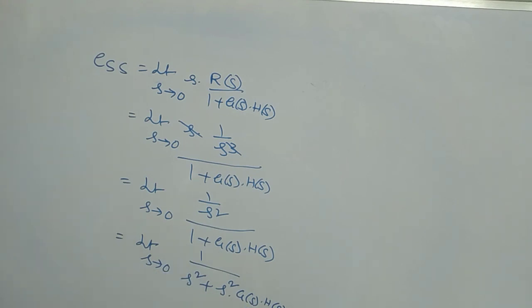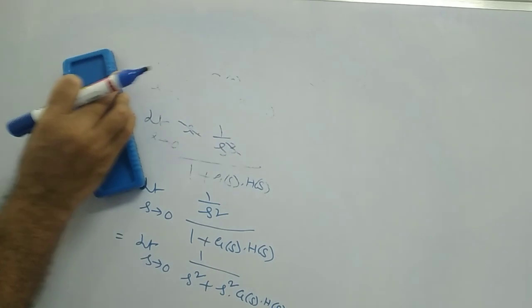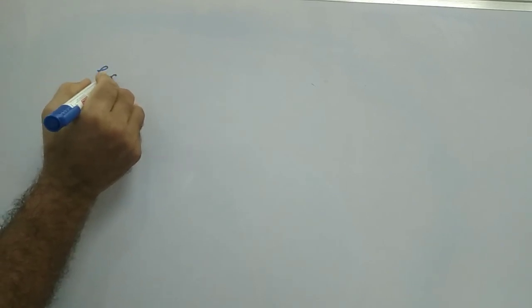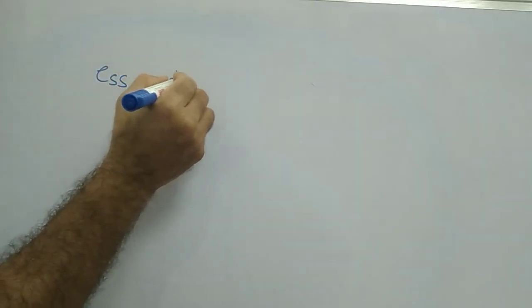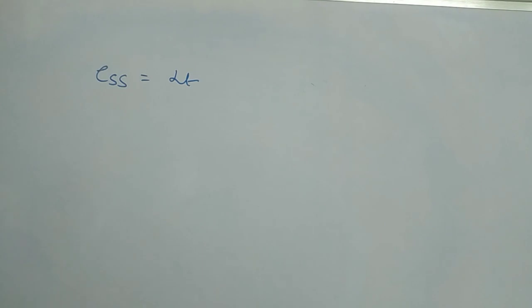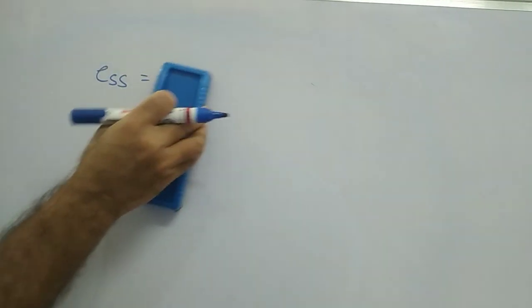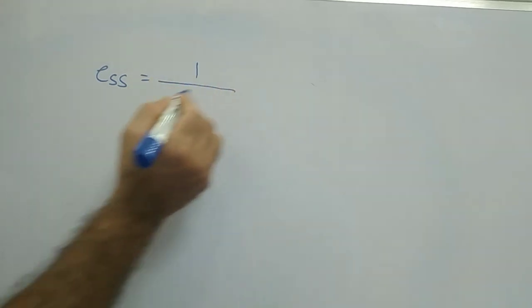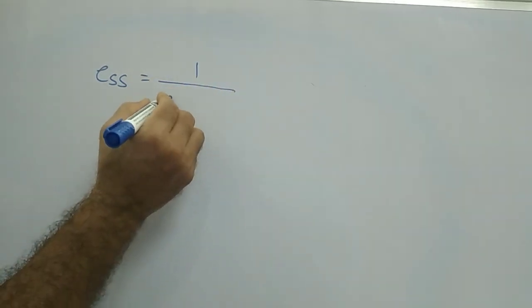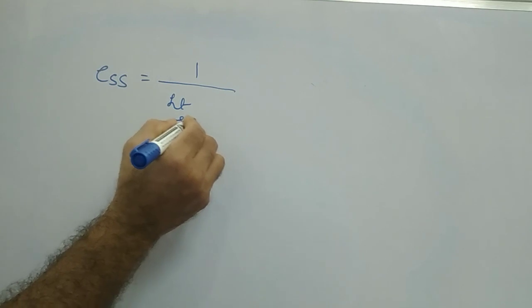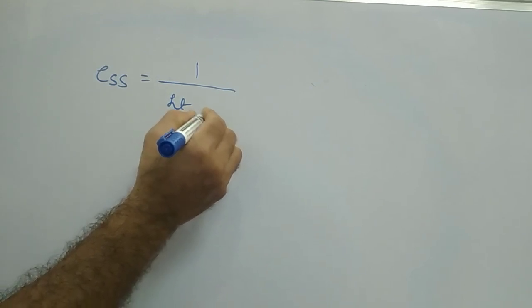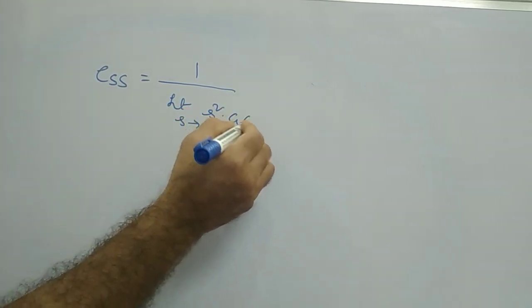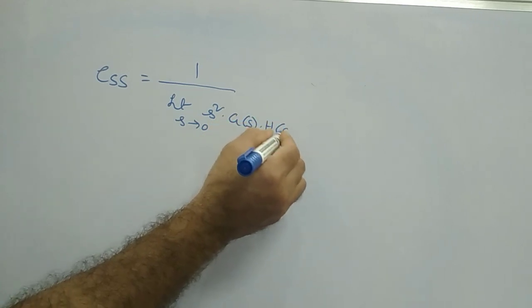Then obviously ESS is equal to, the 1 by s square term becomes 0, so limit s tends to 0 of s square into G of s into H of s. That's all.